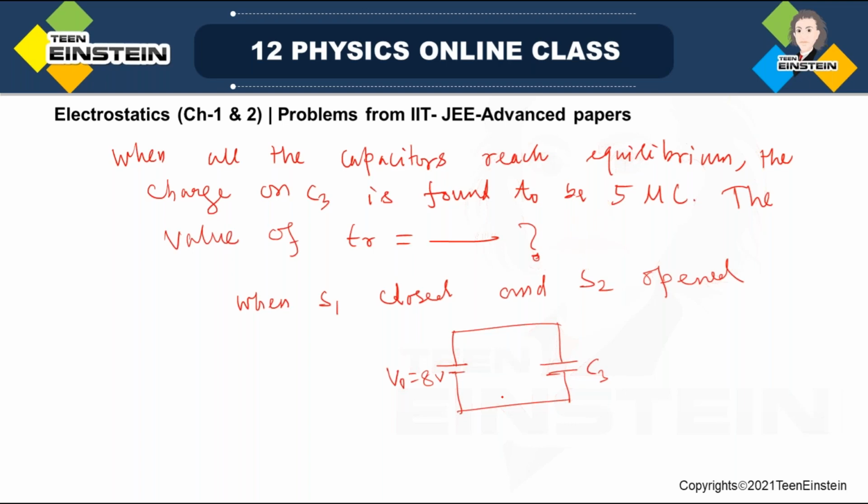If we require the total charge on C3, we can find that. C3 is 1 microfarad. Q is equal to CV. This is volt, this is microfarad, so it will be microcoulomb. So 8 microcoulomb on C3. Let us say this is Q3.